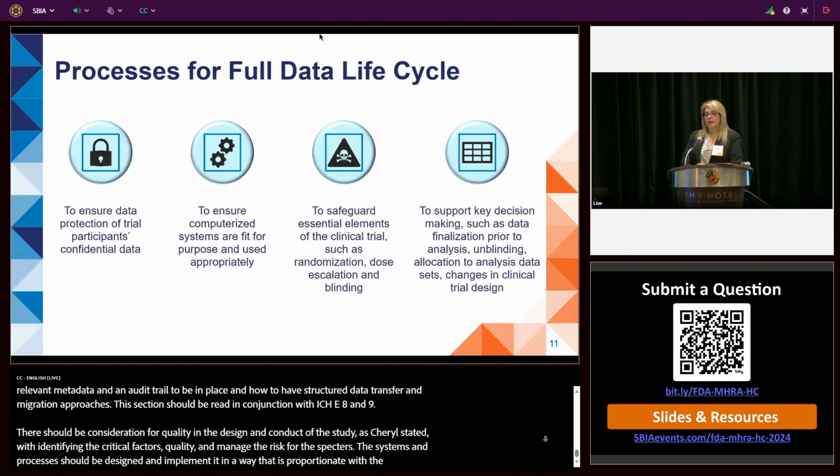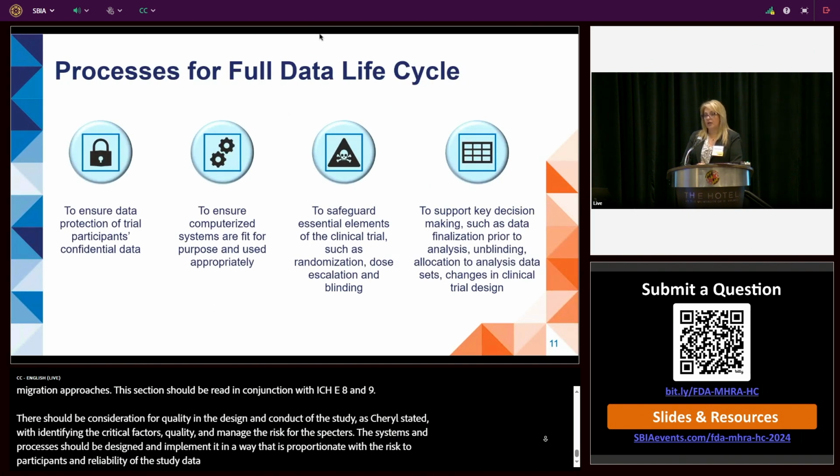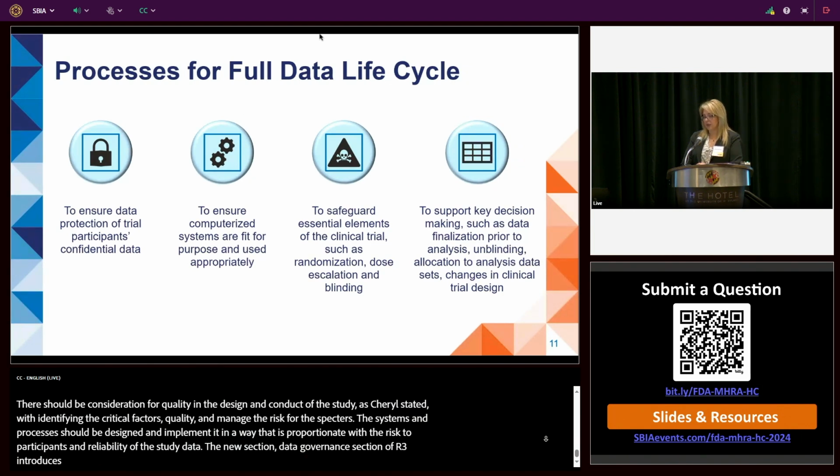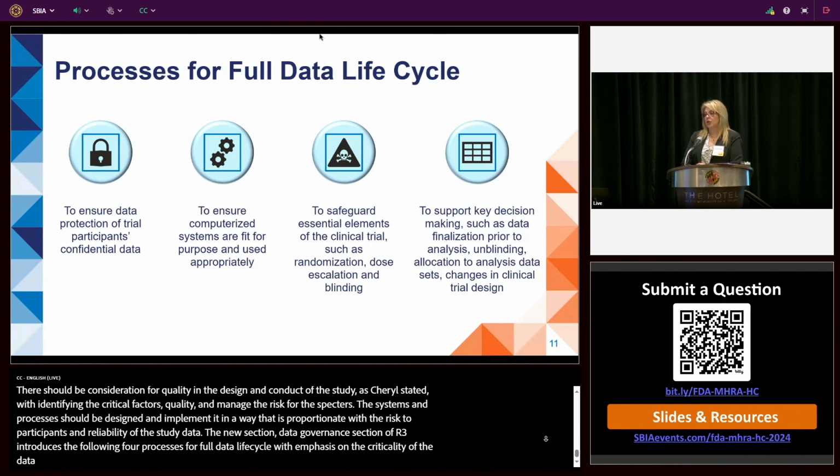The new section, data governance section of R3, introduces the following 4 processes for full data lifecycle with emphasis on criticality of the data, and they should be implemented proportionately and documented appropriately.